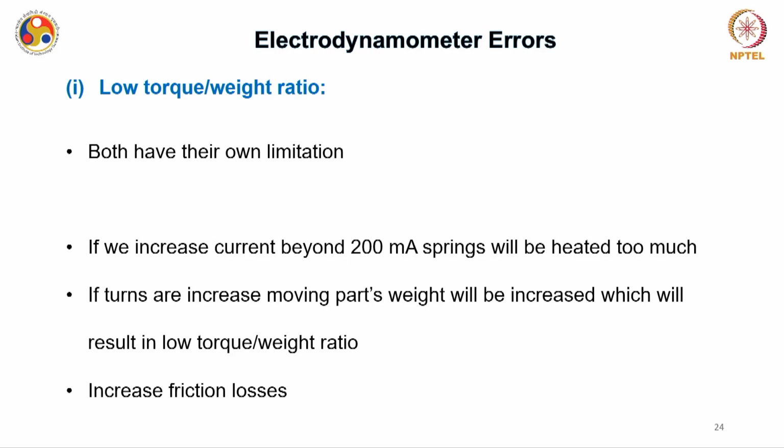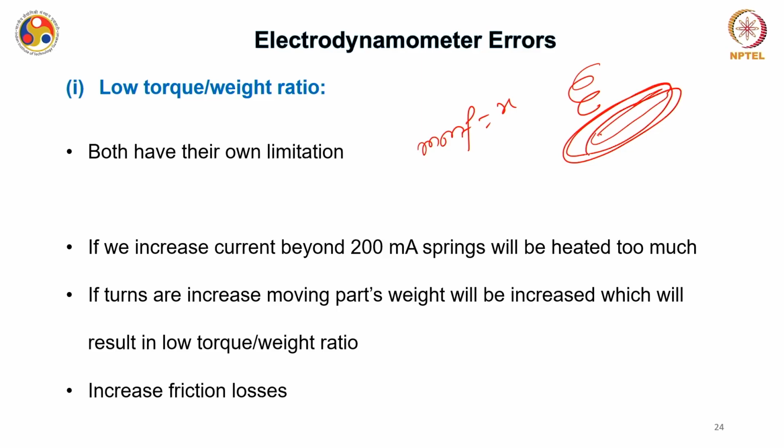Now in the other way, when you try to increase the number of turns, the moving parts weight will be increased. So earlier, to have an MMF value say X, you had n number of turns in this coil. I am showing this cross sectional view. So you have this very dense moving coil.